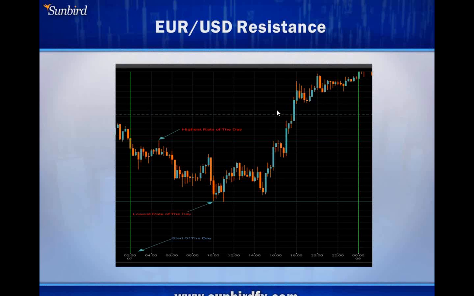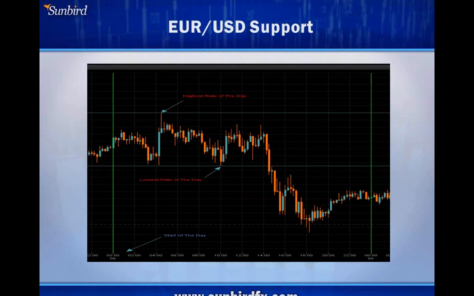So this could limit your losses even more, but for now I wouldn't suggest to use it, because I'm going to teach you later on in our pending orders course what are the advantages and disadvantages of the trailing stop. Now the stop loss is not a pivot line. Just to remind you, a stop loss is a stop loss, period. It's the average of the highest and lowest.